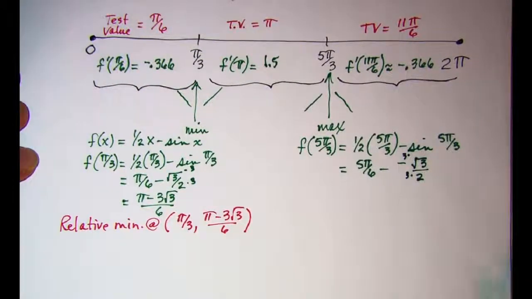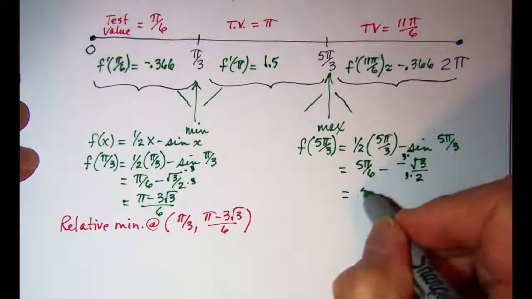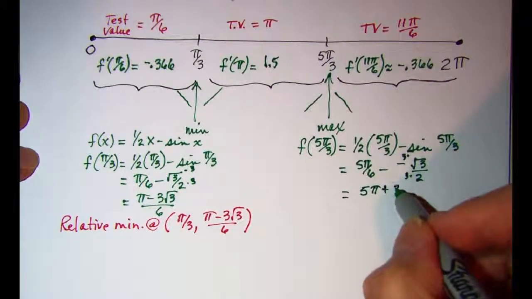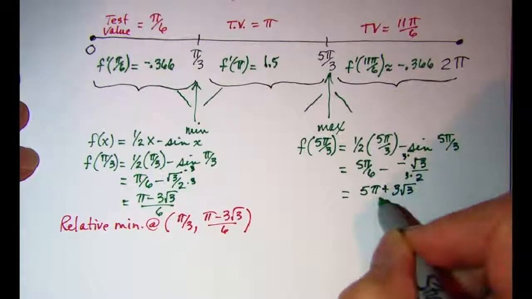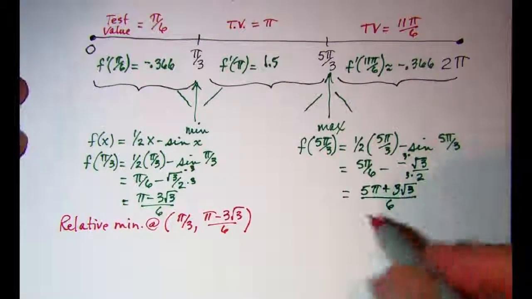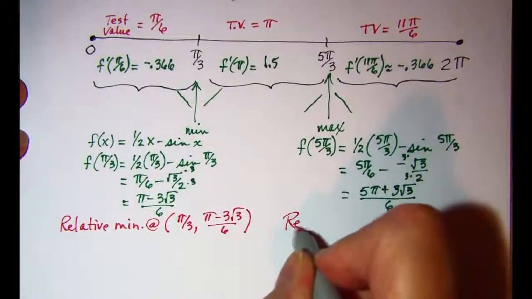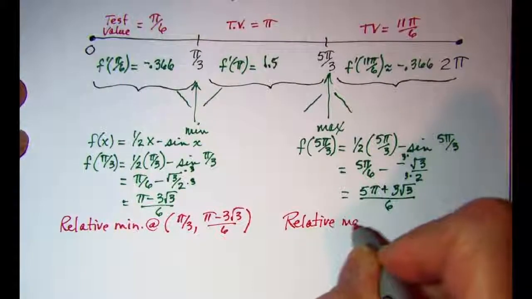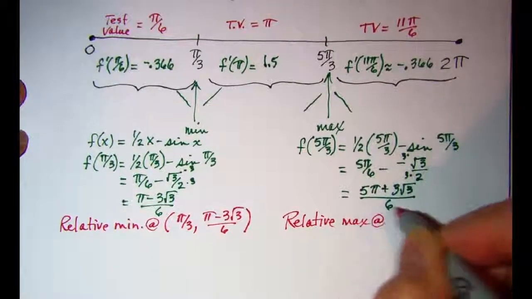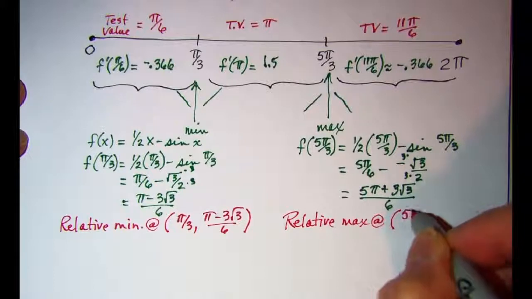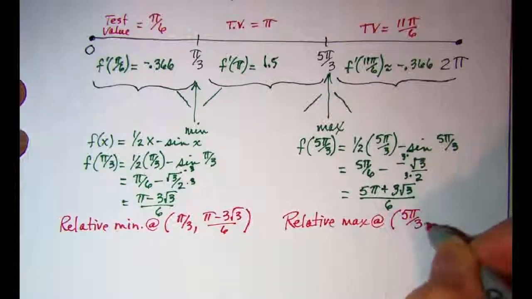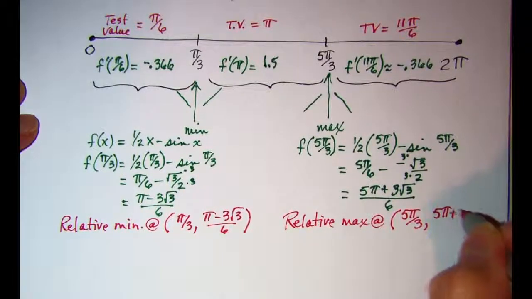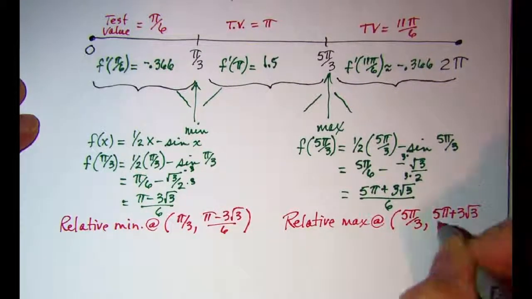Multiply by 3. So I have 5 pi plus 3 root 3 over 6. So I would state then that I have a relative max at 5 pi over 3 and (5 pi plus 3 root 3) over 6.